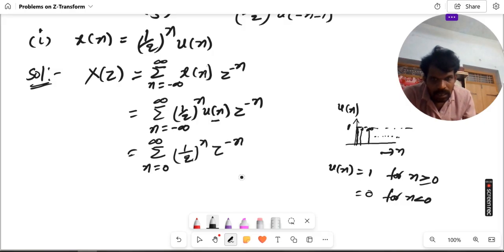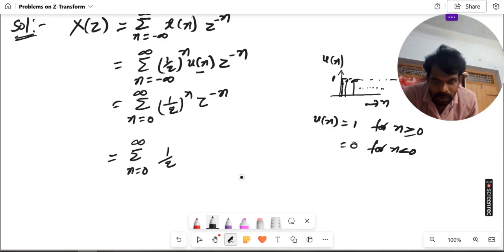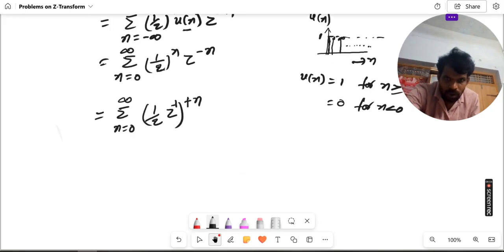Okay. Now we are going to write this entire term in the form alpha power n. So that is summation n is equal to 0 to infinity of 1 by 2 into z, whole power minus n. In terms of alpha power n, this one, it is z power minus 1, looks like alpha power n.